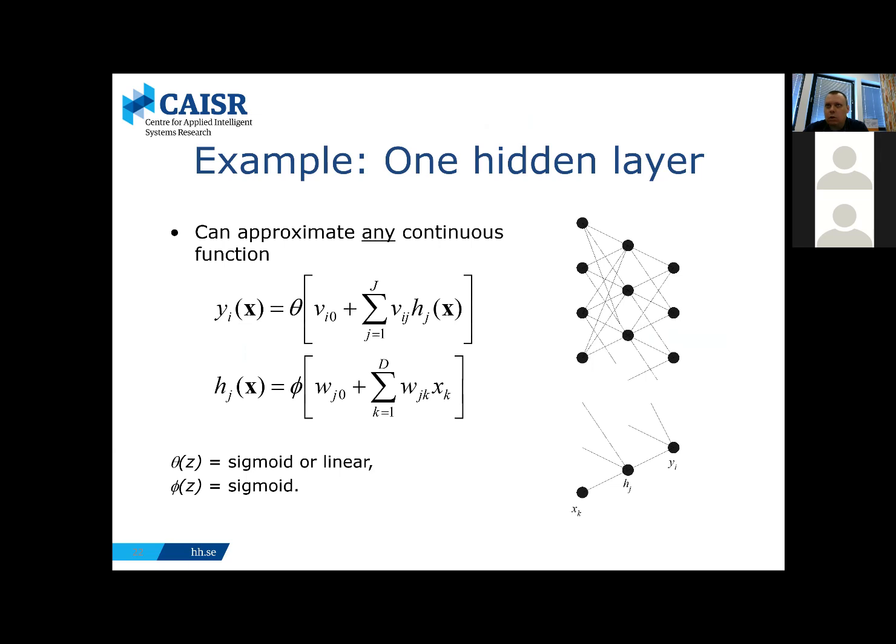So the number of neurons is not really that crucial. It's more about the connections, because the problem with a network, even a network like this, is that you have a lot of connections, right? The number of connections corresponds to the number of weights that you have in your network, and the number of weights corresponds to the complexity of the hypothesis.